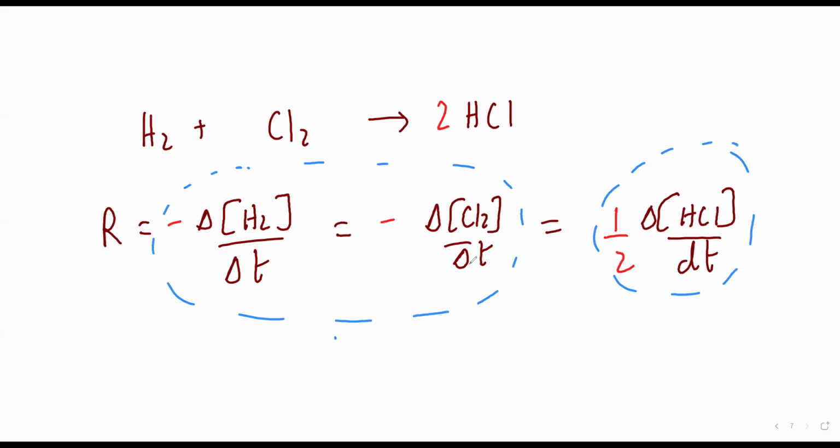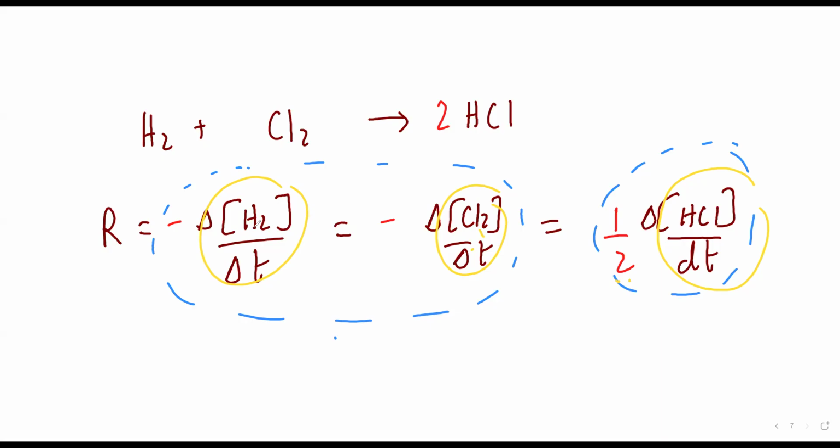Rate of disappearance of chlorine is half times the rate of formation of HCl or not? If I ask the rate of formation of HCl in terms of the rate of disappearance of chlorine, you take the 2 to the other side, so it is twice the rate of disappearance of chlorine, or twice the rate of disappearance of hydrogen. Are you getting it? What I'm trying to say?